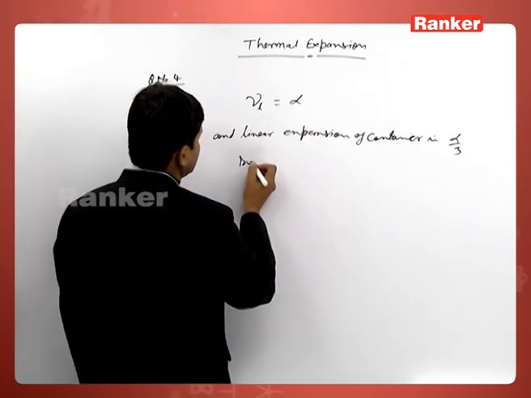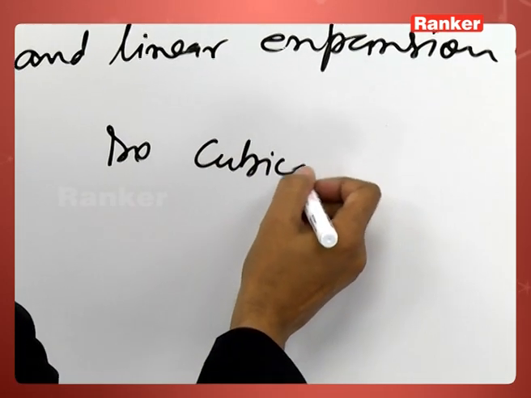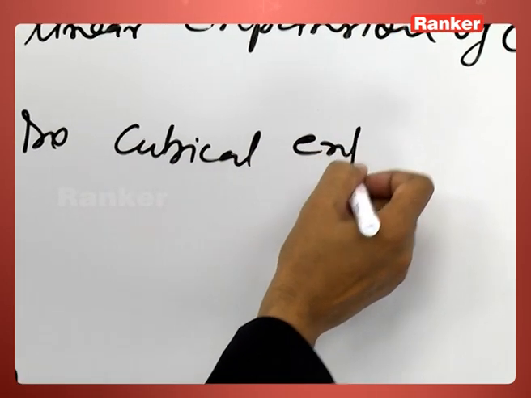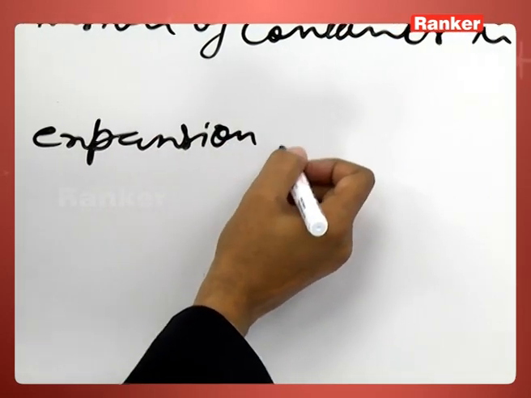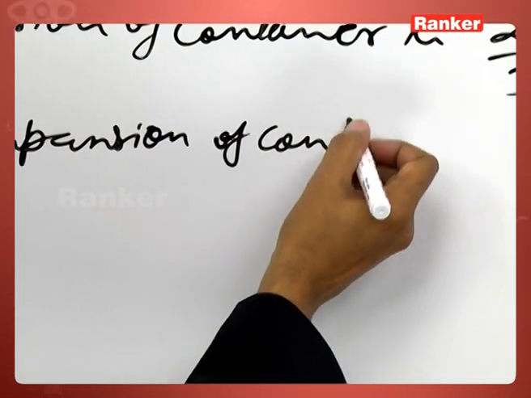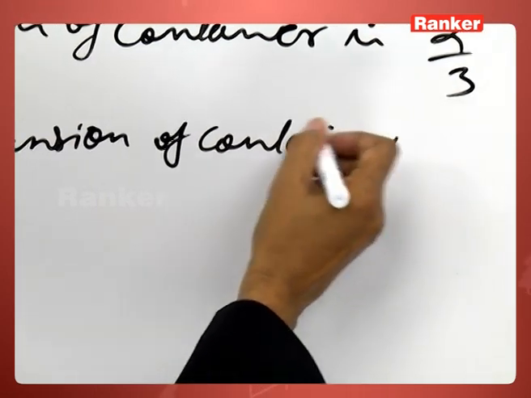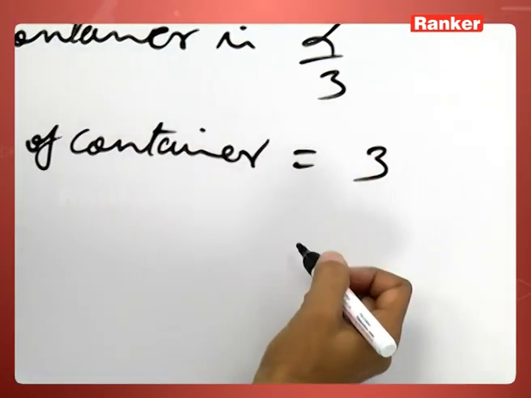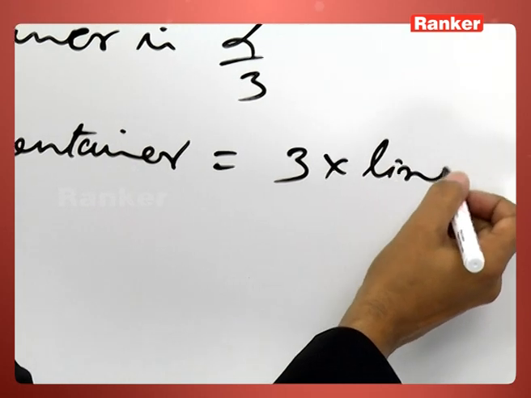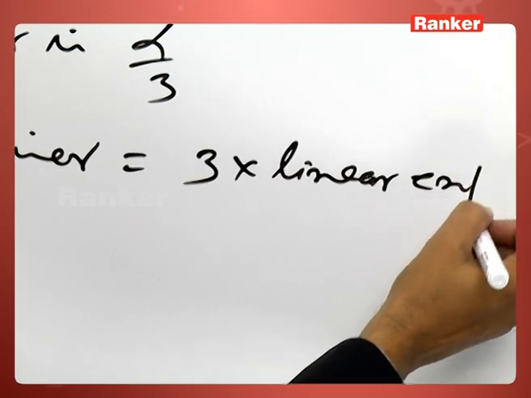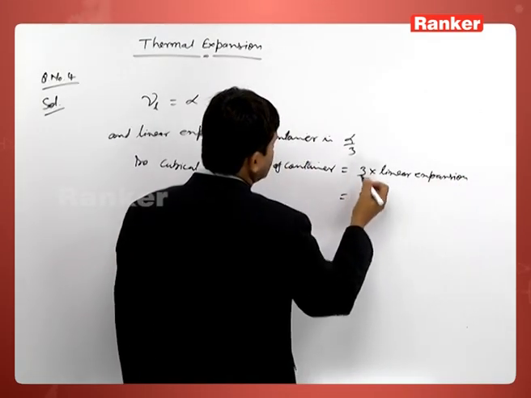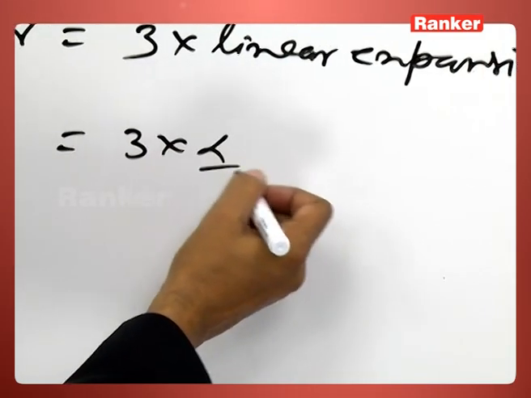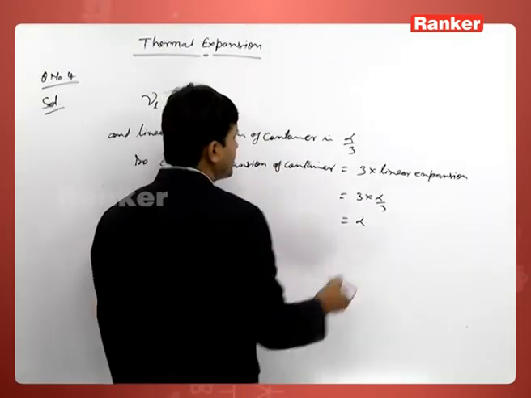So the cubical expansion of the container is equal to 3 times linear expansion. If I substitute the value, it comes to alpha.